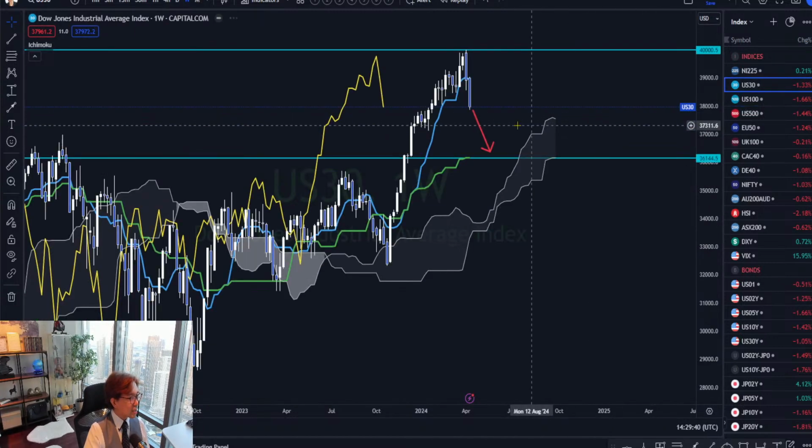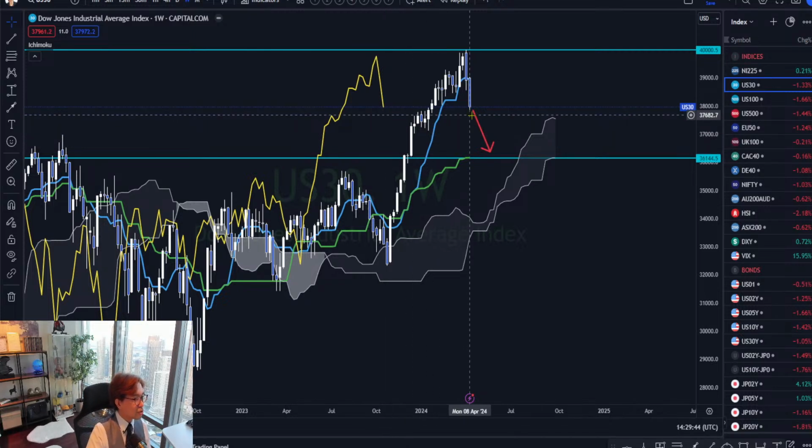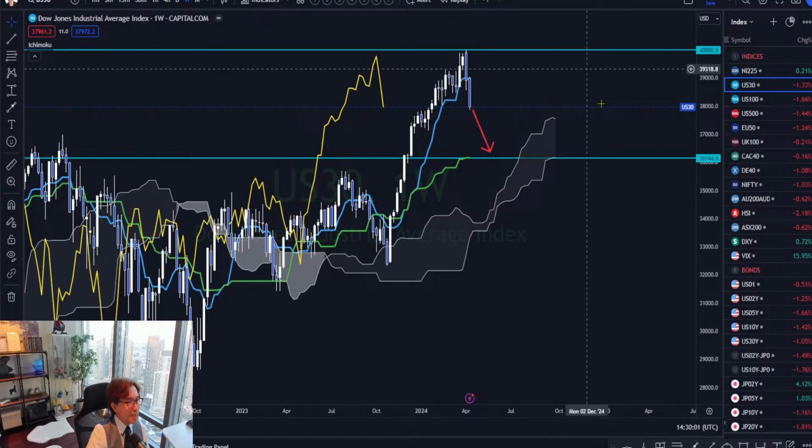But Dow Jones is not. Dow Jones also turns bullish, Kijun-sen and Kumo bullish. But since it broke the Tenkan-sen, for now, even if the Kijun-sen becomes bullish in 2 weeks, I think the price continues to go down, and it tried to touch that Kijun-sen on the weekly chart.